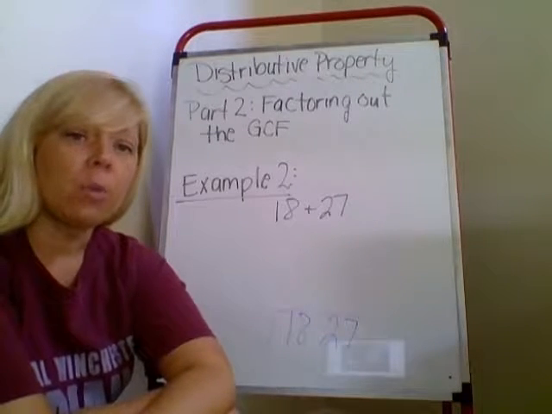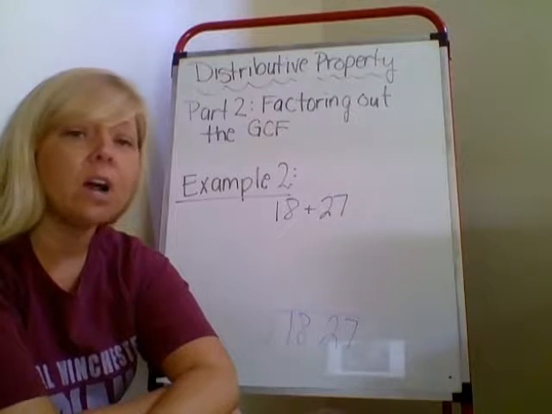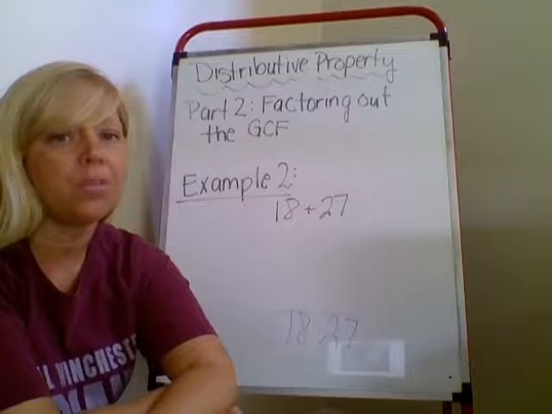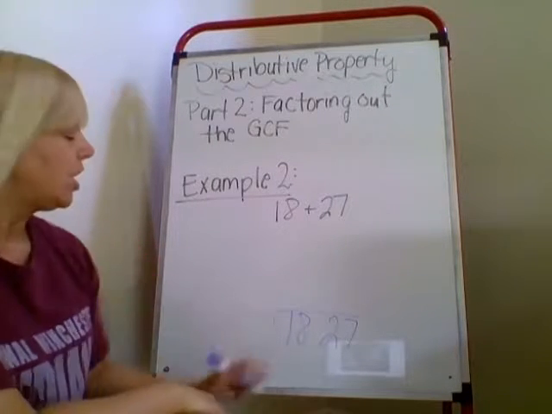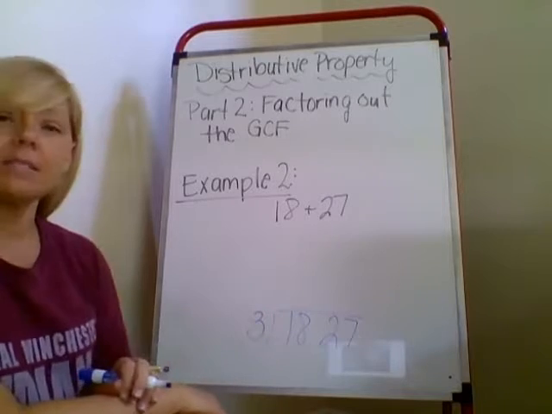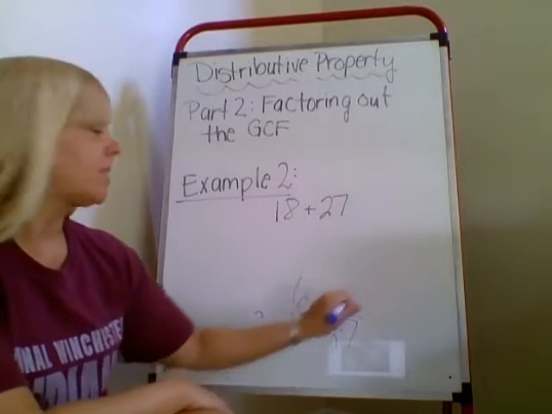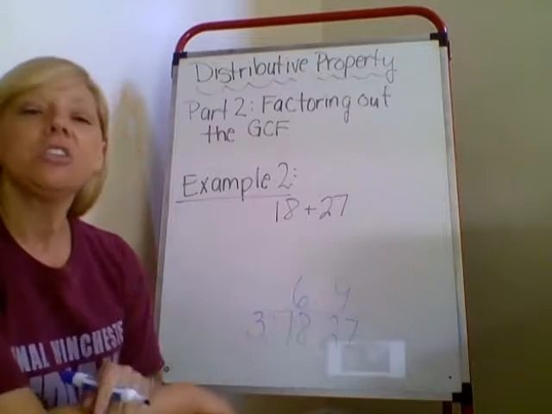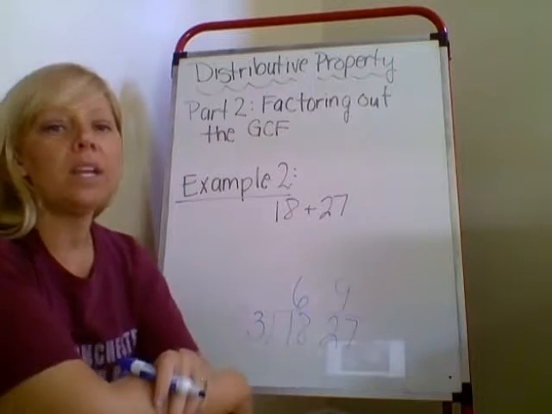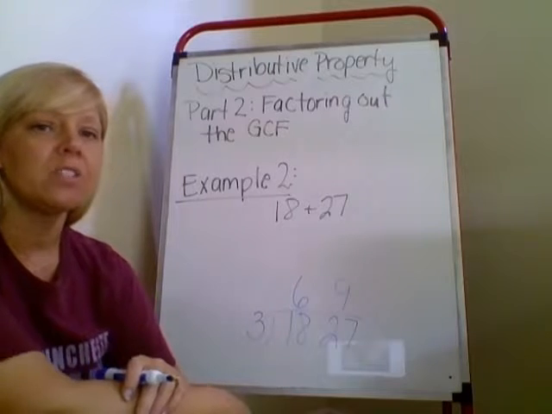I'm going to figure out what numbers 18 and 27 have in common. Well, I know that 3 goes into both 18 and 27. So if I put 3 on the outside, 3 goes into 18 6 times, and 3 goes into 27 9 times.